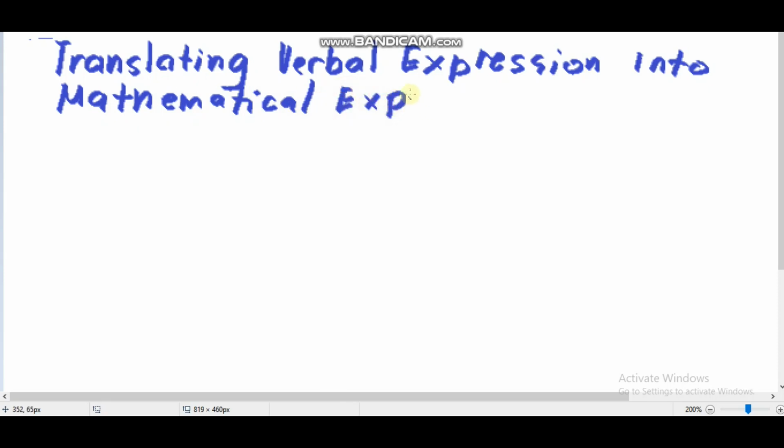Okay, this is very important for you to understand, to grasp problem solving in algebra quickly. So we need to know translating verbal expression into mathematical expression.